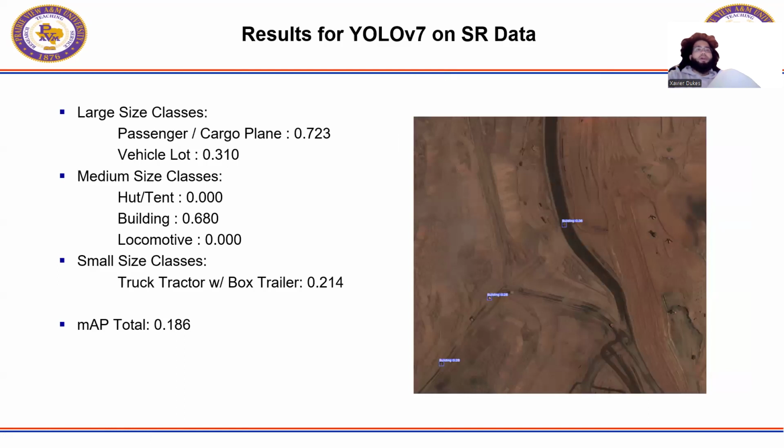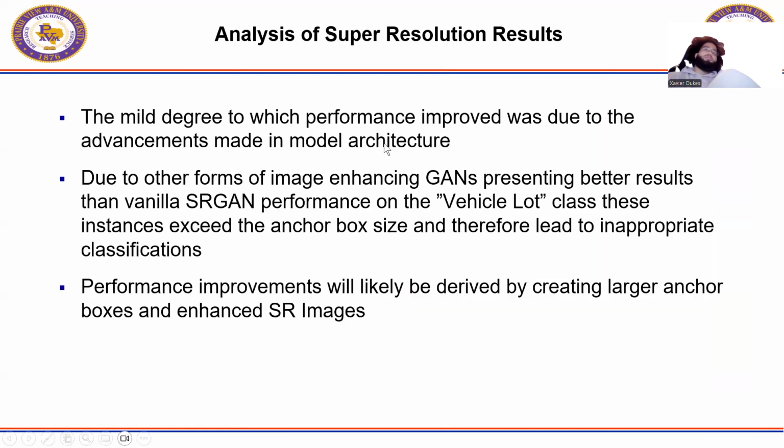So, analysis of the super resolution results: the mild degree to which performance improved between super resolution results was due to the advancements made in model architecture. However, these were mild at best, mostly insignificant changes, and due to other forms of image enhancing GANs presenting better results than vanilla SRGAN performance, it makes sense that we may want to explore ESRGAN in the future.